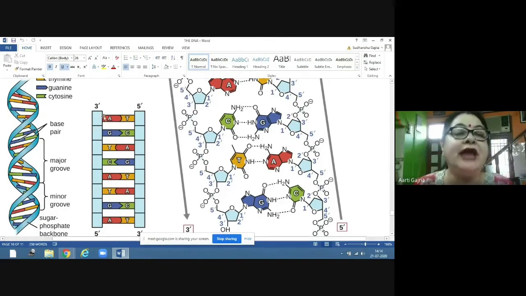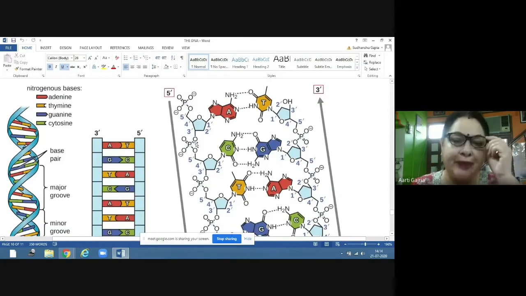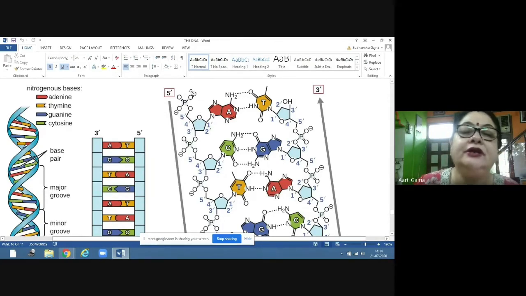Now what happens? This backbone is made up of pentose sugar and phosphate. This is pentose sugar. Now on the pentose sugar, this is 1 carbon, 2 carbon, 3 carbon, 4 carbon, and 5 carbon. So on the 5th carbon there is a phosphate group, PO4. And this bond is called phosphoester bond.